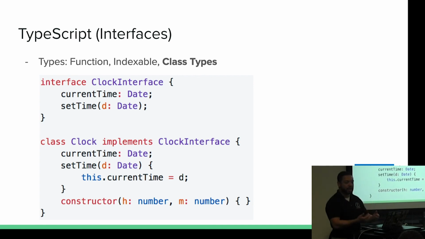It would probably create a date and then call setTime for you. But this is just ES6 code. I'm just showing the typing and making the class implement this ClockInterface so that it has to abide by this, meaning that when we make a new Clock, we could say dot and it will say, oh, do you want currentTime? Dot, do you want setTime? And it just autofills it for you.